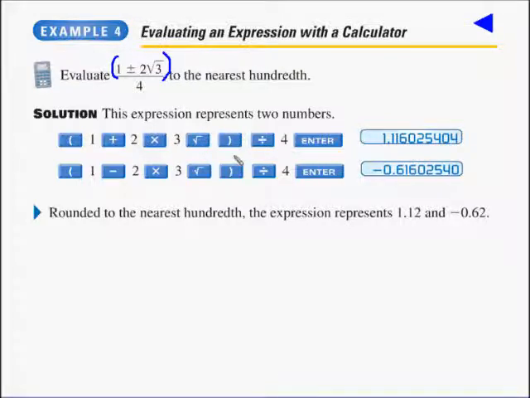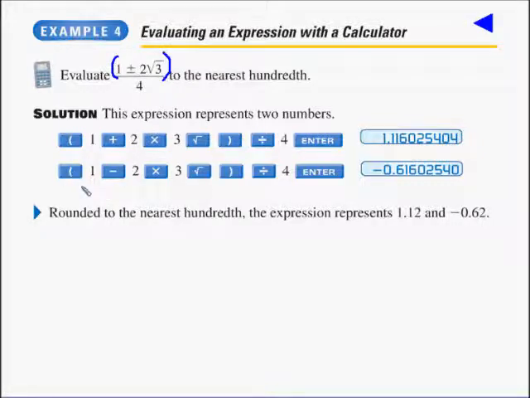And then you see we put the parentheses back in. Then we can divide by 4, and when you hit enter, you will get an answer similar to this one, depending on how large your display was. Now, because it could be a positive or a negative, the next time we're going to use the negative symbol for our radical expression.